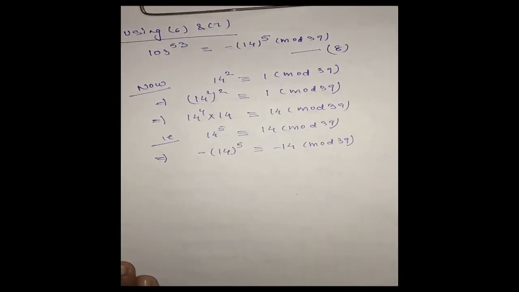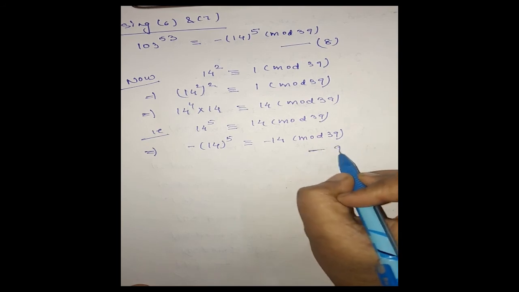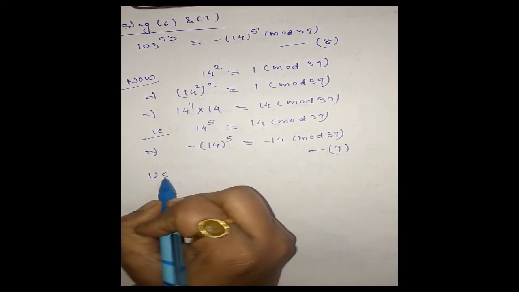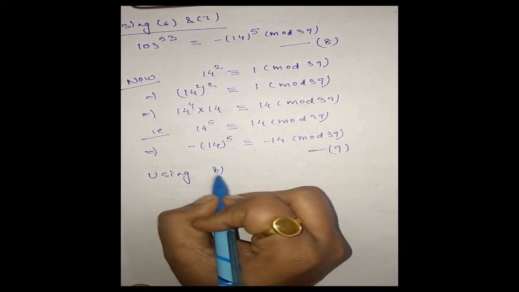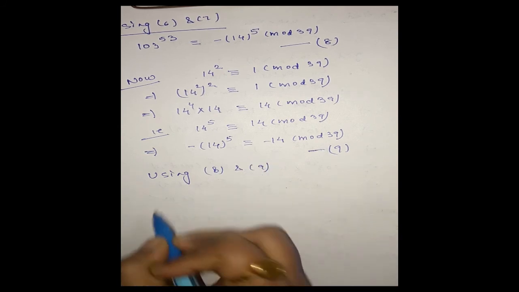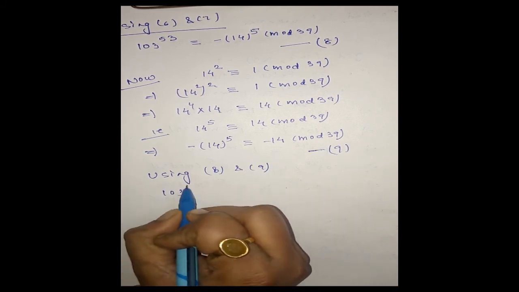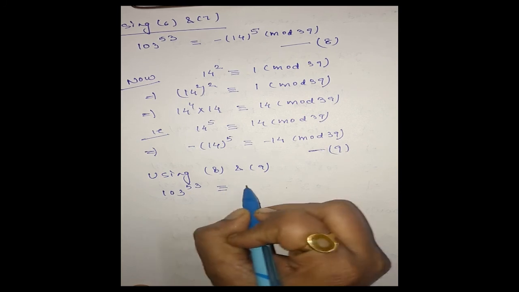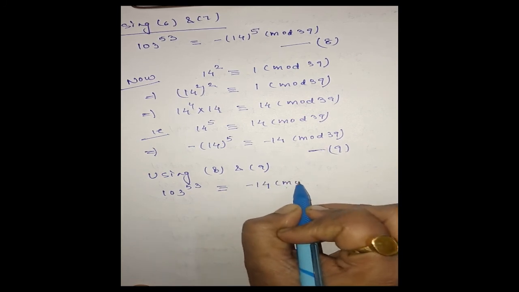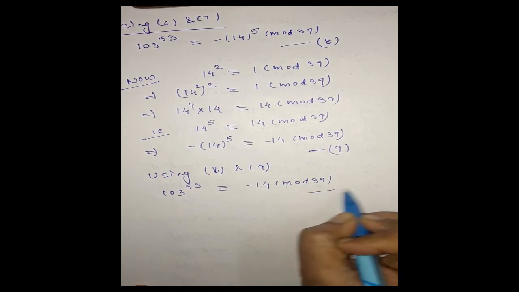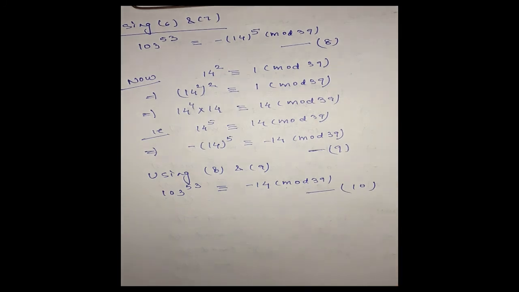Okay. Now mark this as 9. Now using 8 and 9, we have 103 power 53 is congruent to minus 14 modulo 39. Now we mark this as 10.